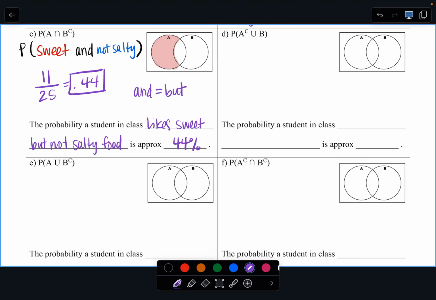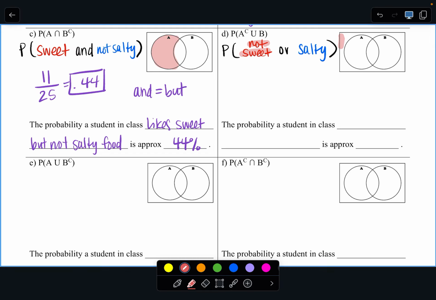For part D, we are finding the probability of, and this is an or statement, not sweet or they like salty. So this is one where they're going to have contradictions. So I'm going to take this in two parts. First, and this isn't going to match the highlighting I've been doing so far, I'm going to highlight the not sweet.